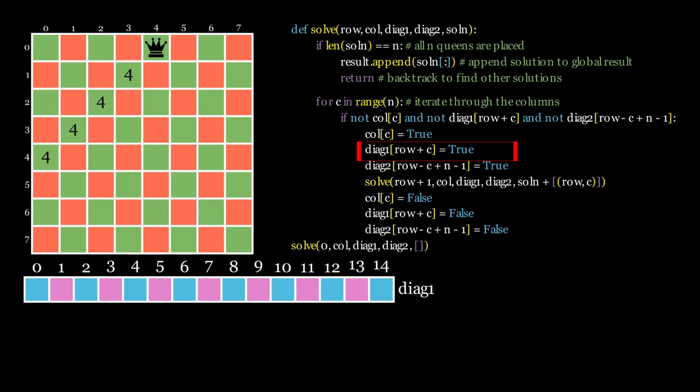We will mark the corresponding index of our diagonal 1 array as under attack using row plus column.